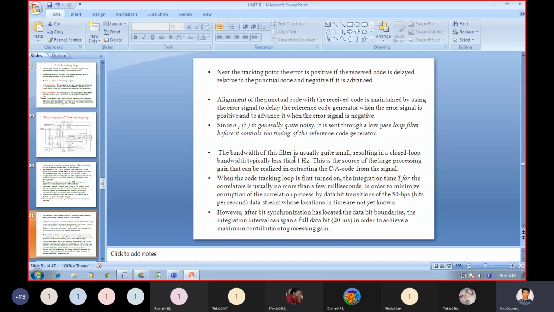This is the source of the large processing gain that can be realized in extracting the C/A code from the signal.